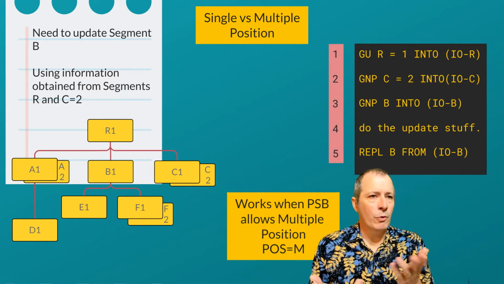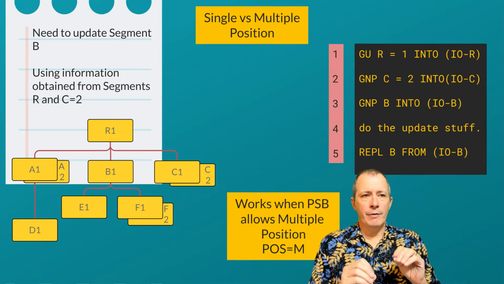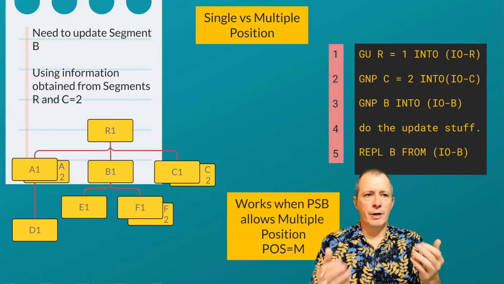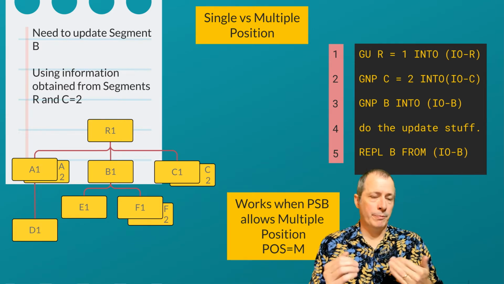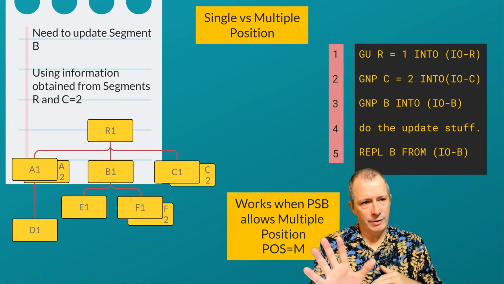This was option number one. Get unique for the root, get next within parent for C equal to, get next within parent for B, replace B. So we went from 6 steps to 5 steps.